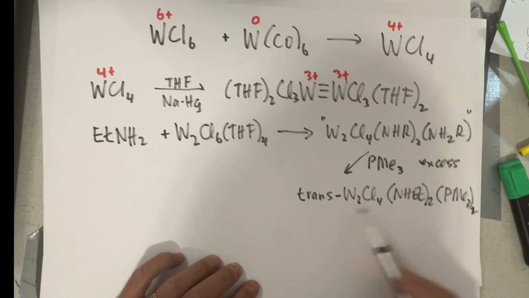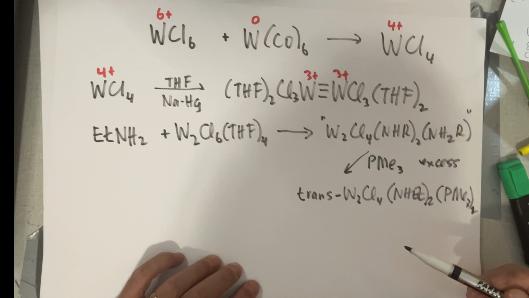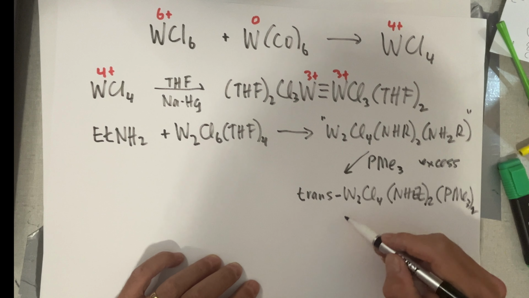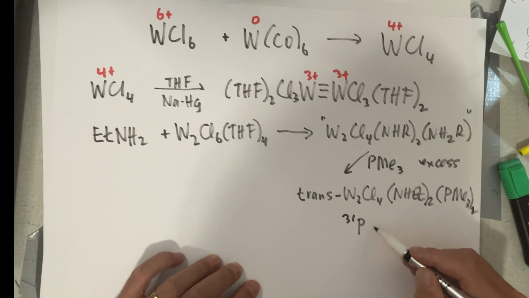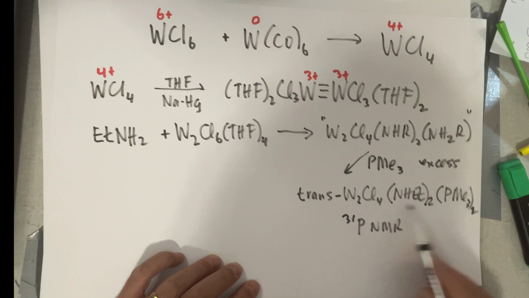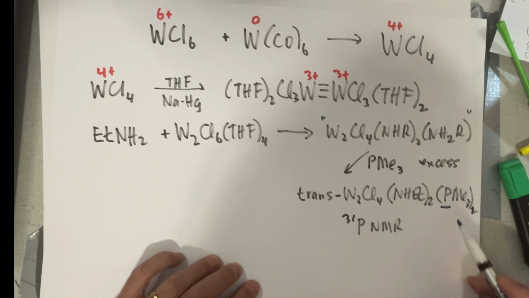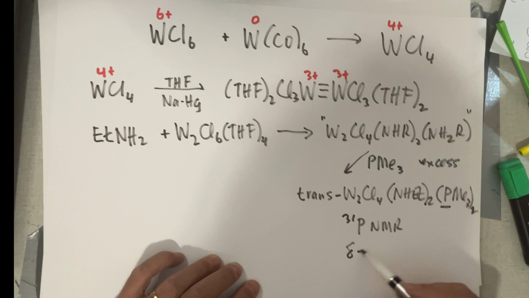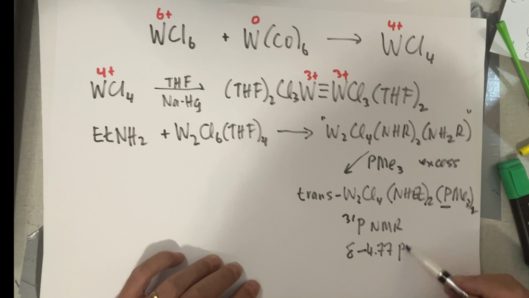And this process was followed with solution NMR, phosphorus NMR, and the peak for this phosphorus was found at negative 4.77 ppm.